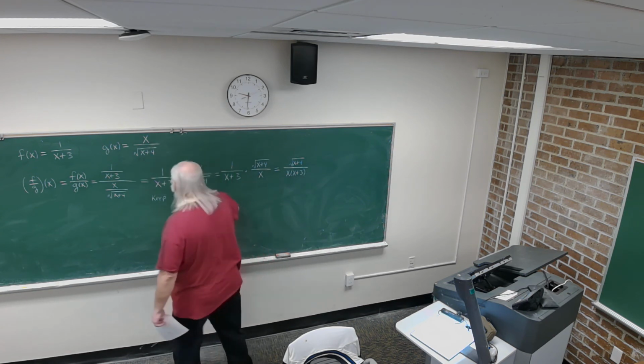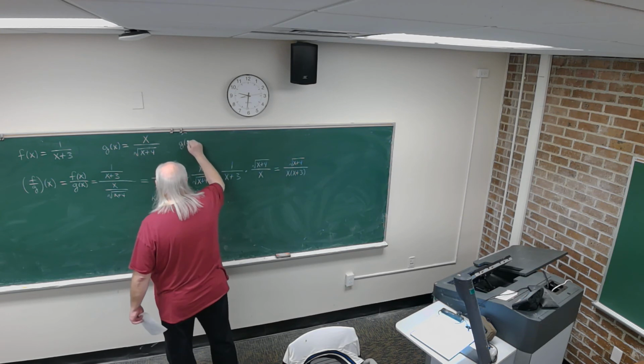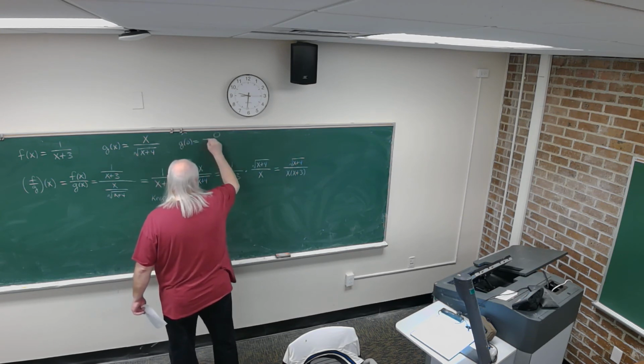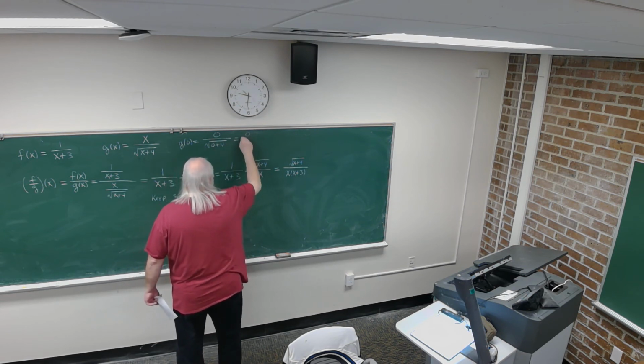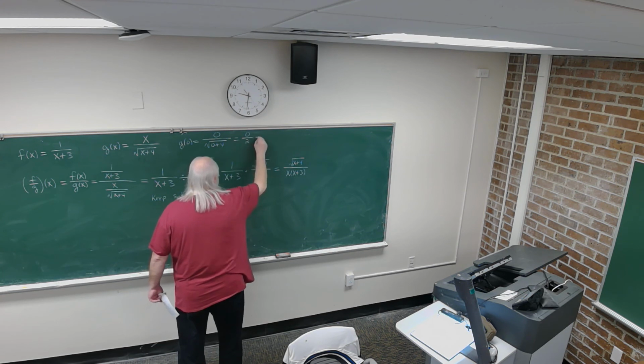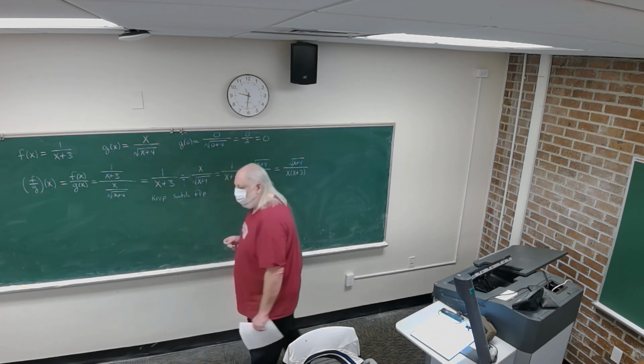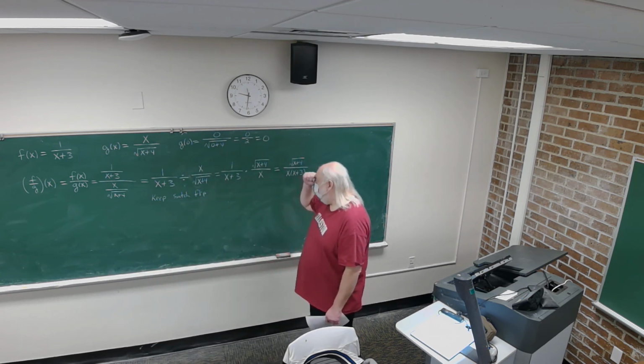G of 0 is equal to 0 over the square root of 0 plus 4, which is 0 over 2, which is equal to 0.